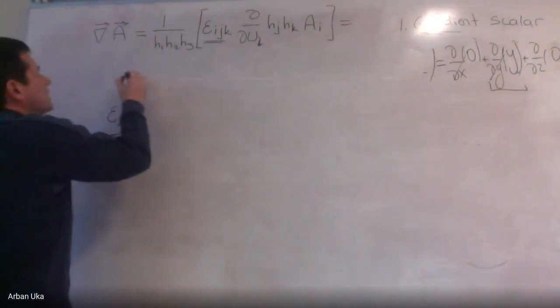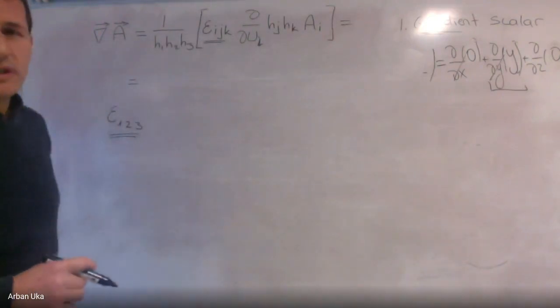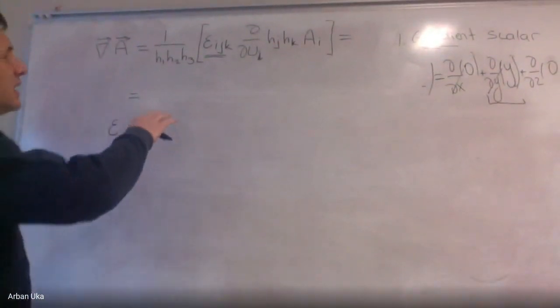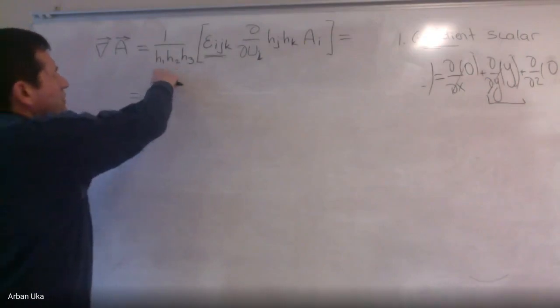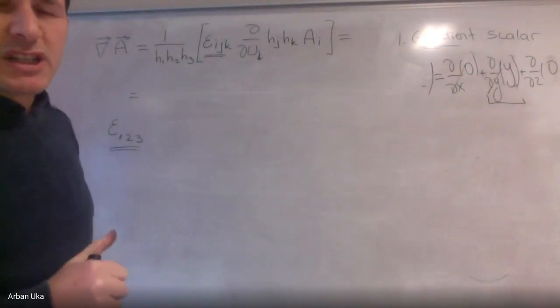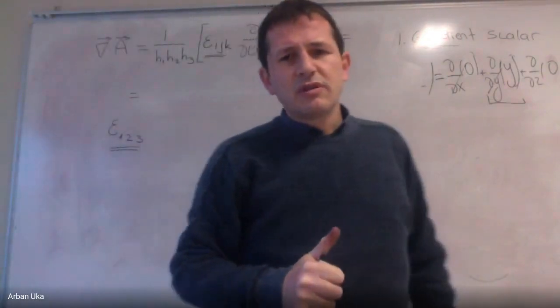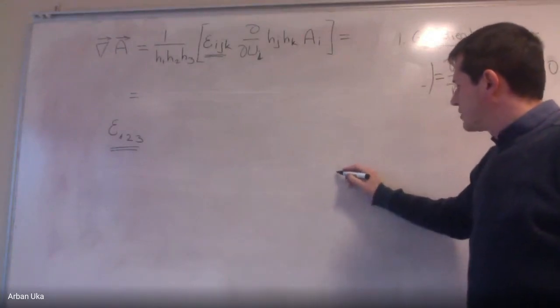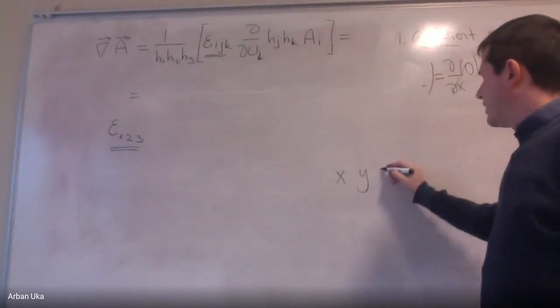And by the way, whenever we have the divergence operator, if we write it, how many terms would you expect to see here? You might be expecting to see three terms, right? Because we have the derivative with respect to x, the derivative with respect to y, and with respect to z. So we have x, y, z.